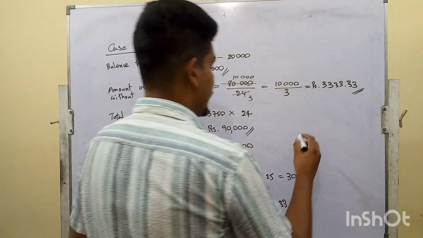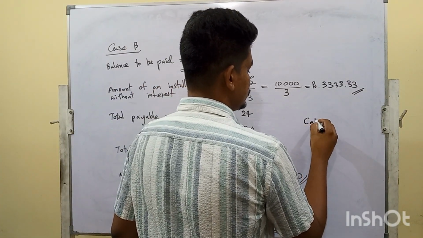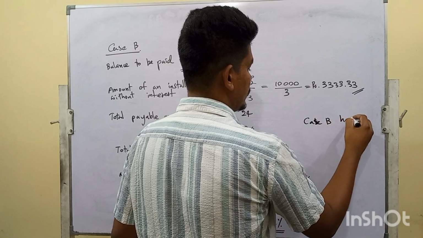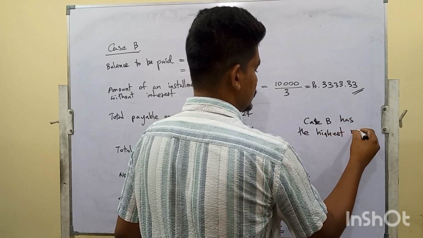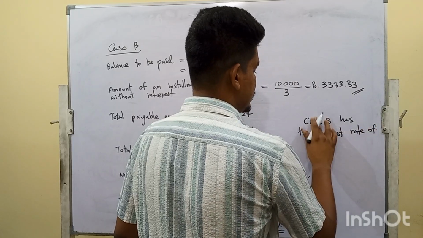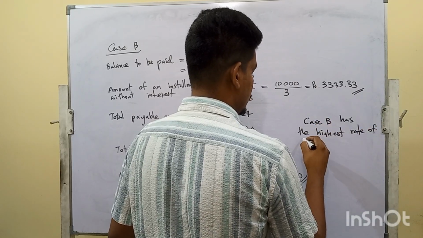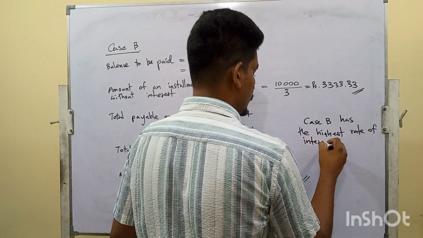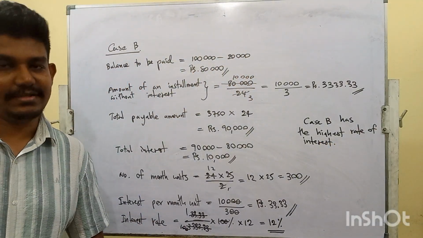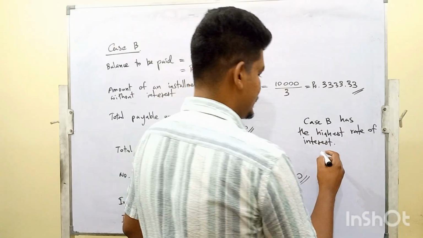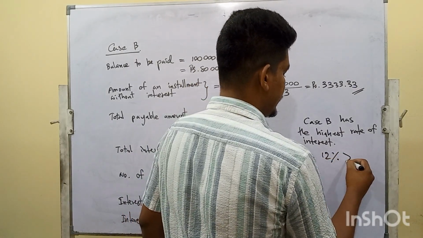So case B has the highest rate of interest. Right? That's what you have to say, because 12% is greater than 10%.